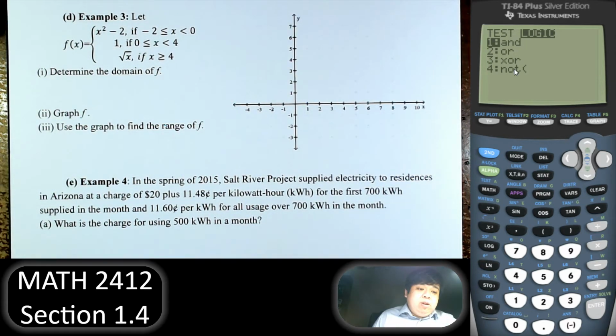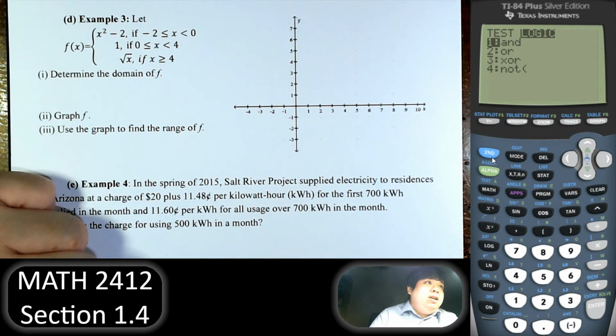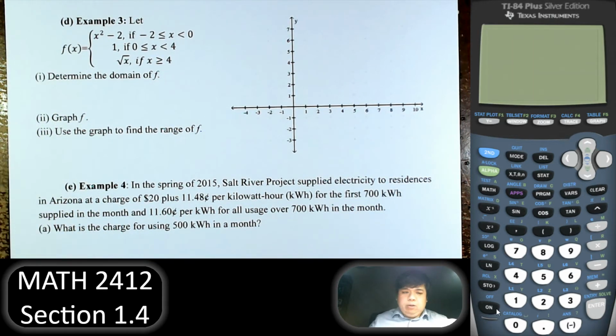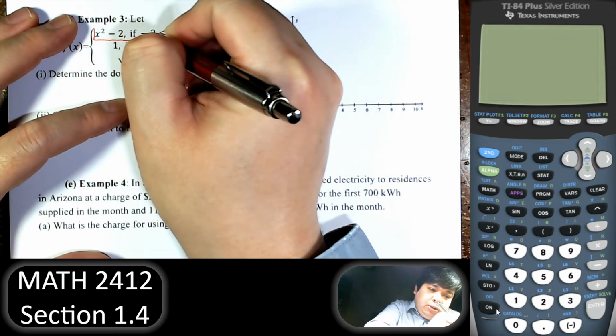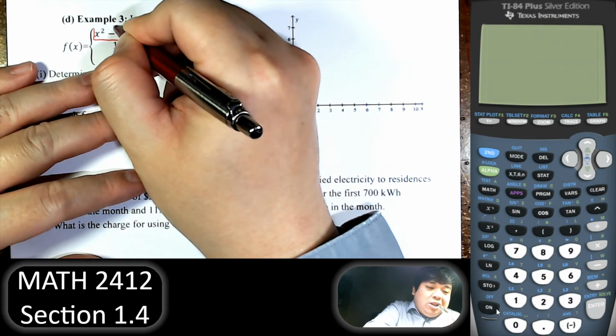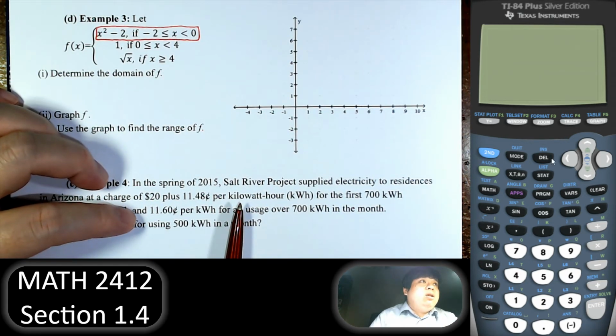Now this one. Let's graph that and determine the domain and then the range. First let's graph piece by piece. x squared minus 2. Well, this requires some transformation we will study in the next section, but for now let's just see what it looks like.